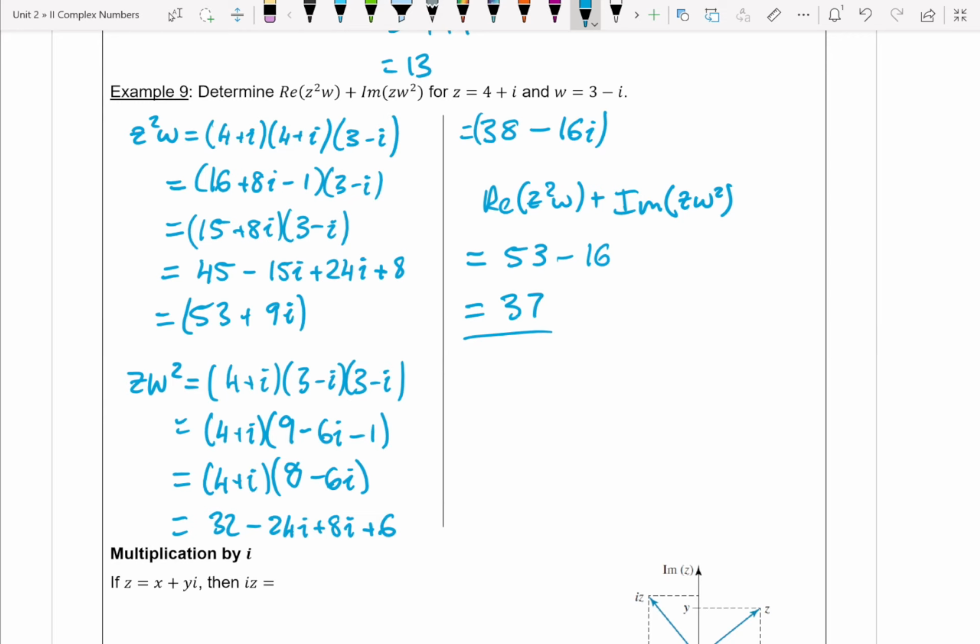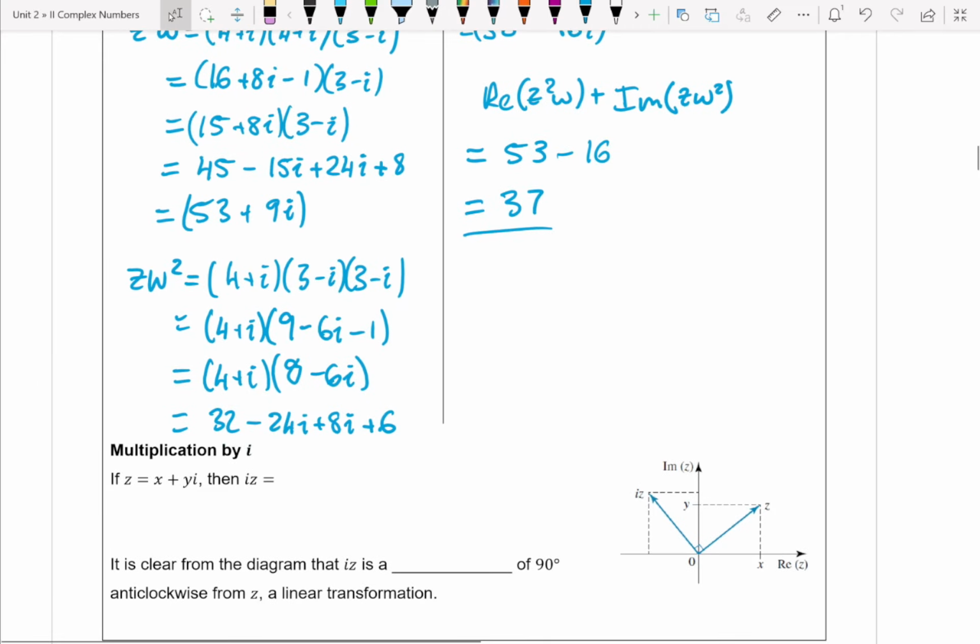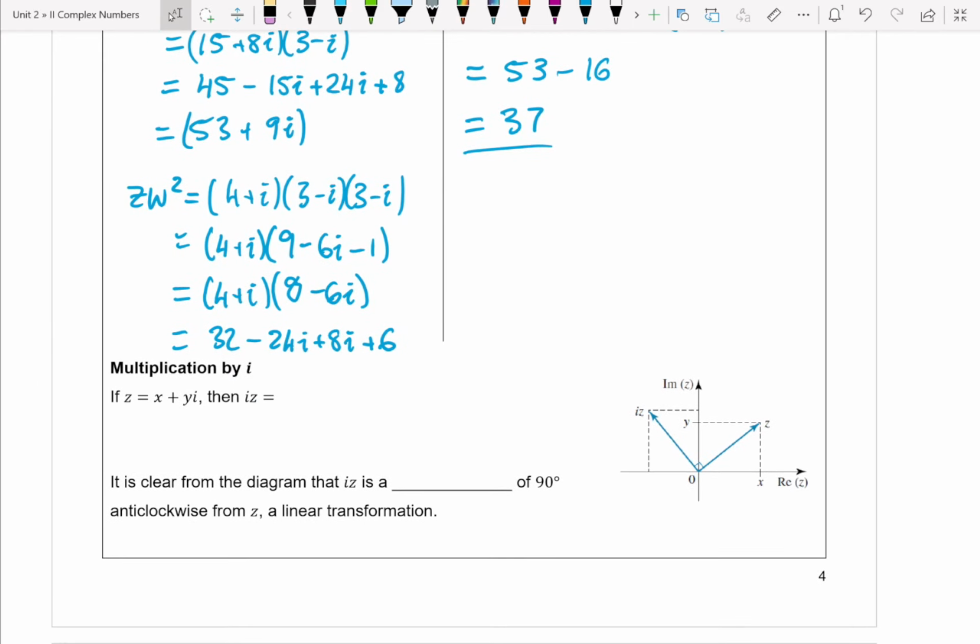Now, if we want to multiply our function by i, so just i on its own, x is of course going to become xi, and then yi is going to become plus yi squared, which is xi minus y, but if we want to write it in the correct form, that's going to be negative y plus xi.